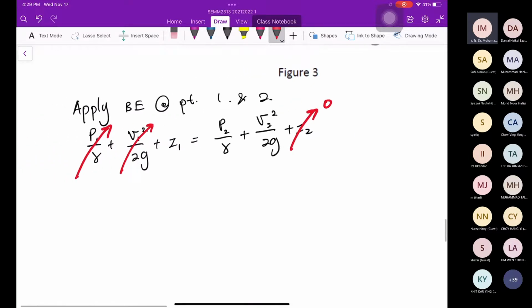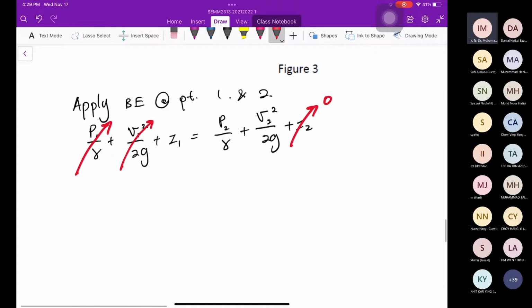So we try to make V2 the subject. You will have V2 squared over 2G equal to Z1 minus P2 over gamma.